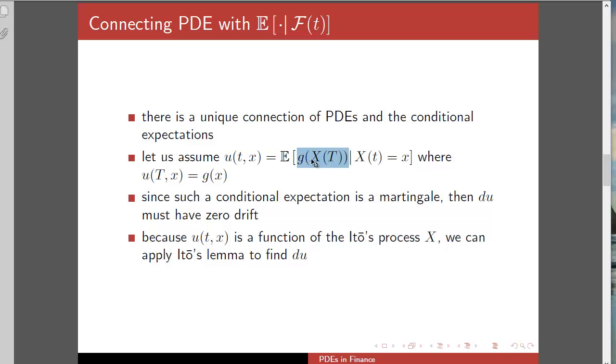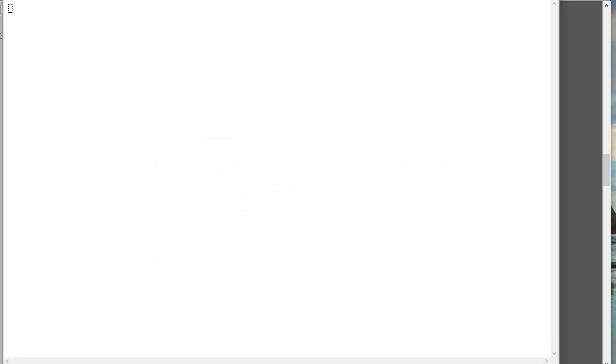instead of this G, we have here something like e to the negative rT times the payoff function, so it could be max(S(T) - K, 0).